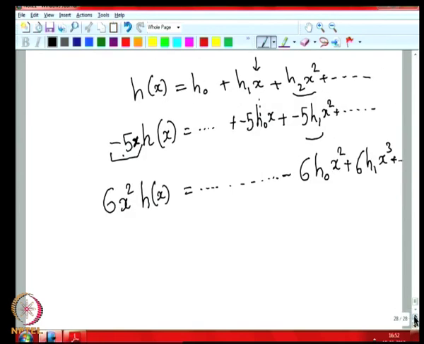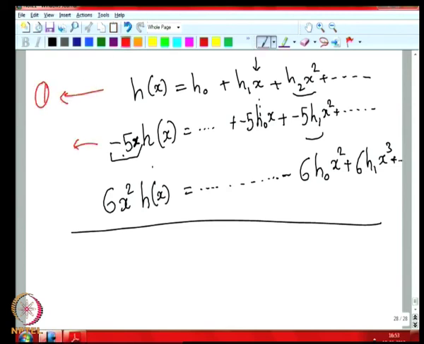Now what we do is we sum this up. This is equation 1, this is 2 and this is 3, we add 1 plus 2 plus 3. So here we have h of x into 1 minus 5x plus 6x square into h of x.